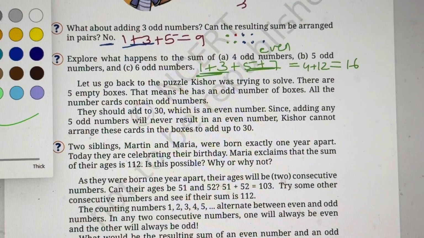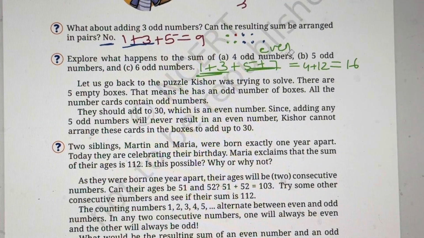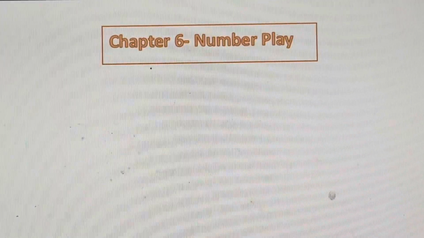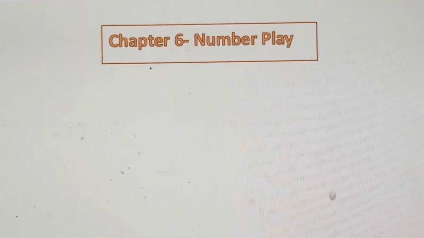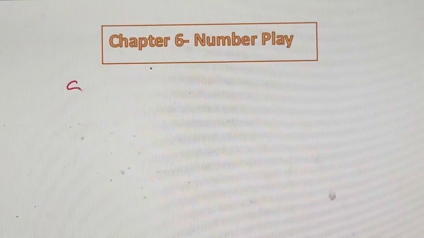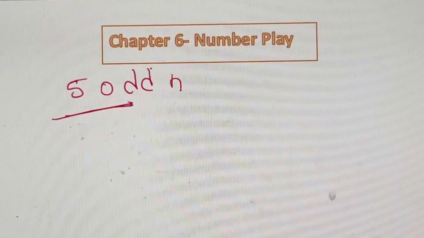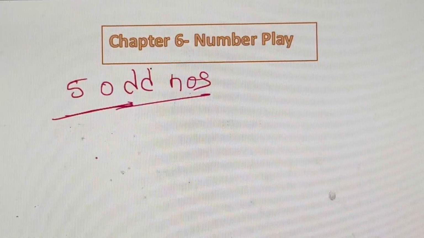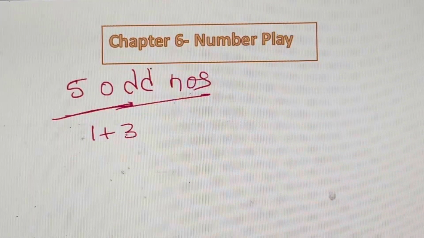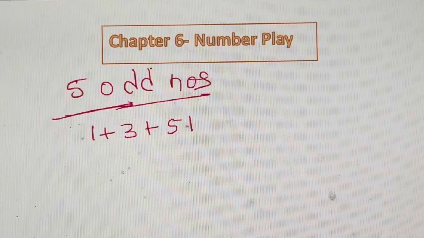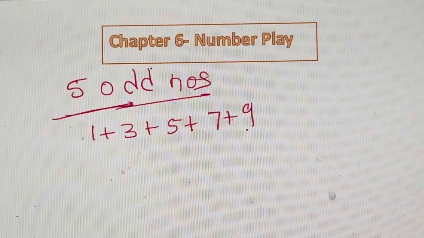Now let us check for 5 odd numbers. Right? If we take 5 odd numbers, what happens if we add them? So 1 plus 3 plus 5 plus 7 plus 9.